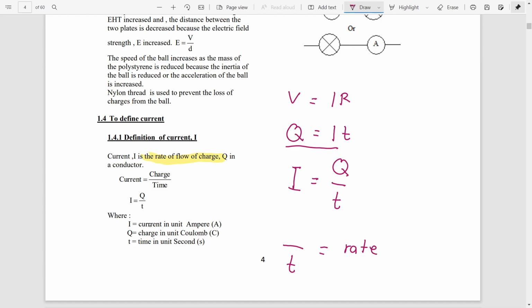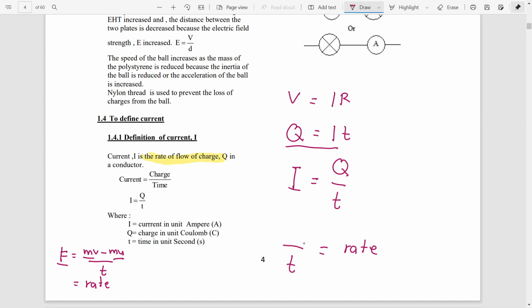Contohnya apa? Maybe after this, or in your form 3, kamu belajar apa, change in momentum, right? Impulsive force. Impulsive force equals to mv minus mu divided by t. So ada divide by t. So bila kita nak define this impulsive force, mesti ada perkataan rate. The word rate. Rate of what? Rate of change in momentum.